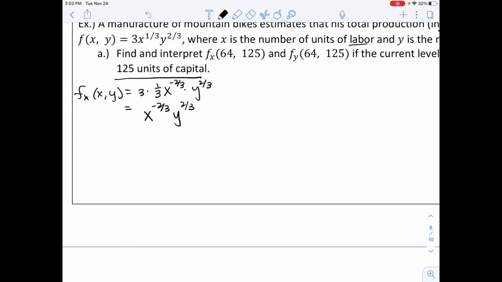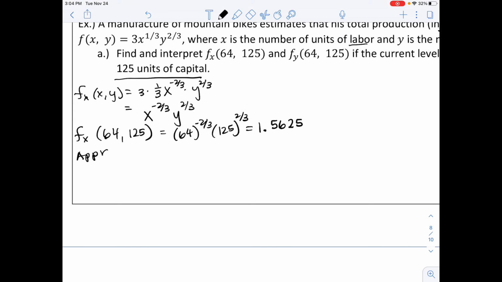And so our function at 64, 125, substituting in those values into our partial derivative with respect to x, we have 64 to the negative 2/3 and 125 to the 2/3. And working this out, we get a value of 1.5625.